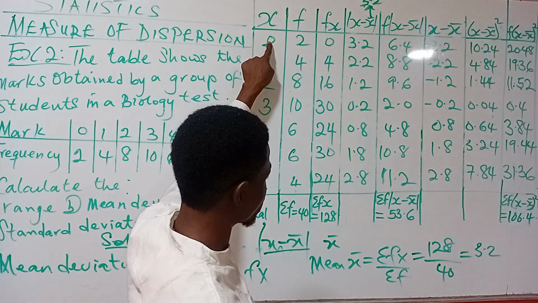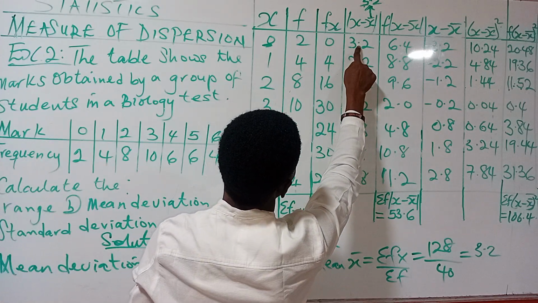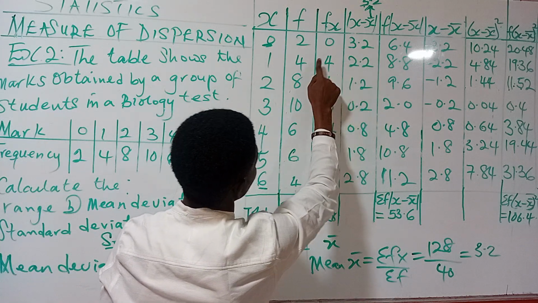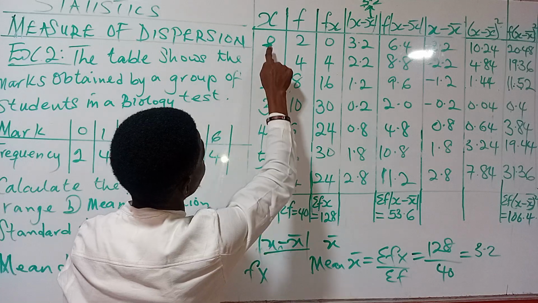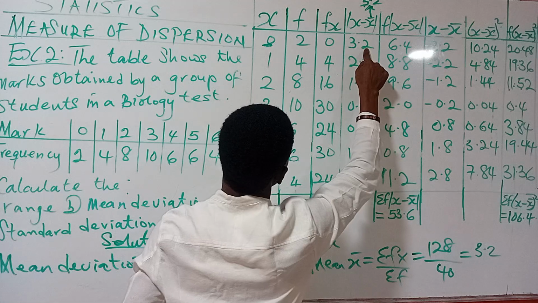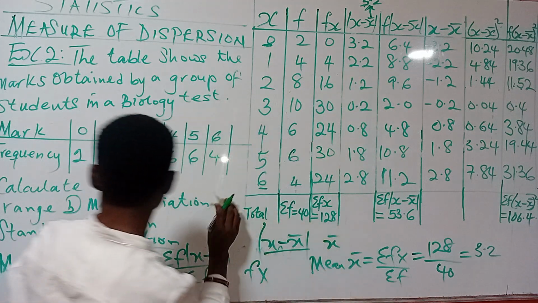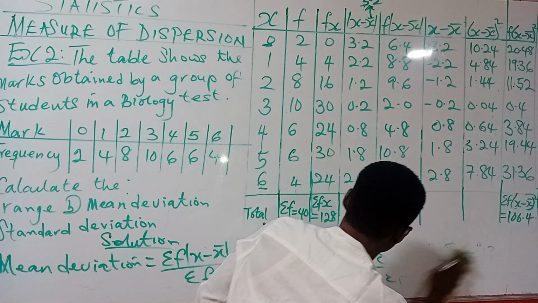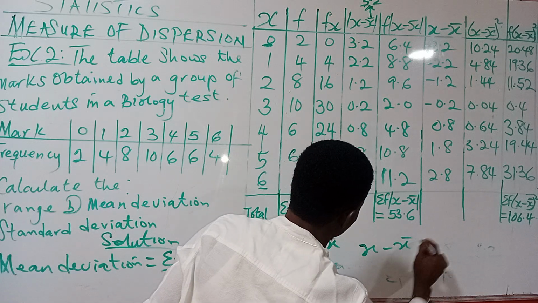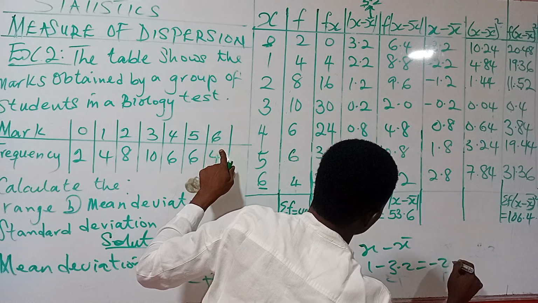0 minus 3.2 gives minus 3.2. 1 minus 3.2 gives minus 2.2.